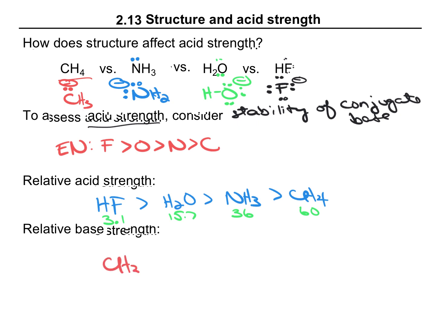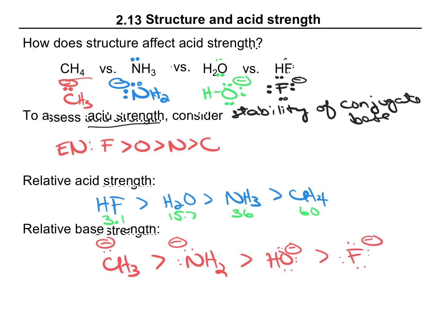So our CH3- is the strongest base, followed by NH2-, followed by hydroxide, and then our weakest base is fluoride. And that should make sense because we just said that this is the most stable, it's best able to bear that negative charge.